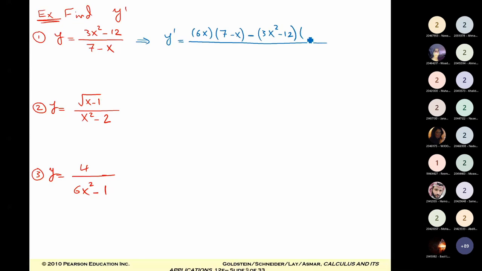Negative 1. Over (7 minus x) all squared, the denominator squared. Okay. Any question? After that you can follow the multiplication and do more simplification.